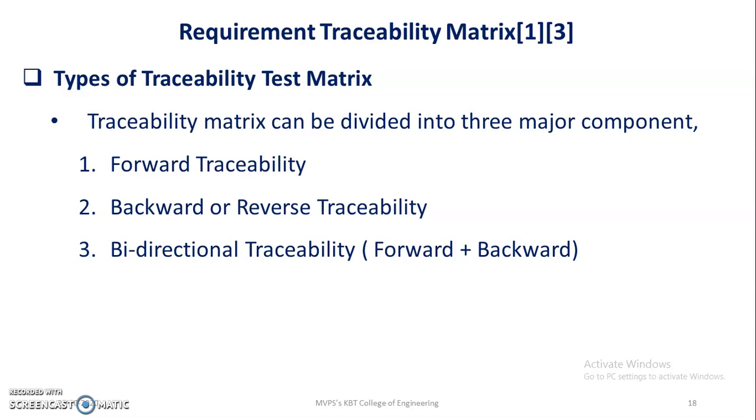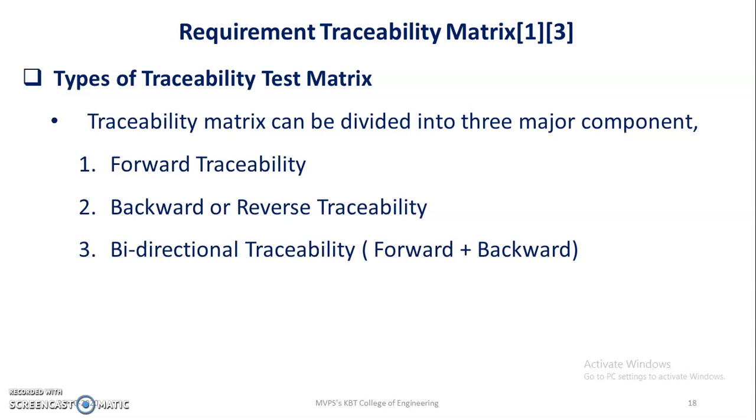Next is the third type, bidirectional traceability, that is forward plus backward. This traceability matrix ensures that all requirements are covered by test cases, and it analyzes the impact of change in requirements affected by the defects in the work product and vice versa.